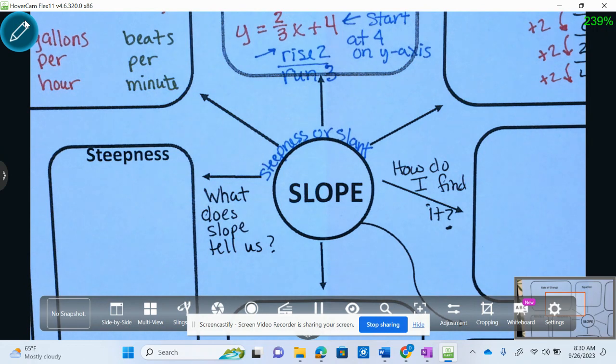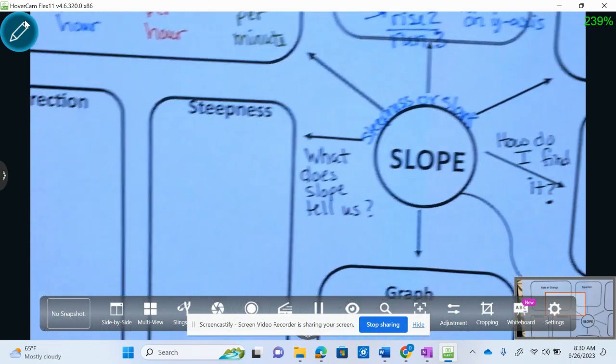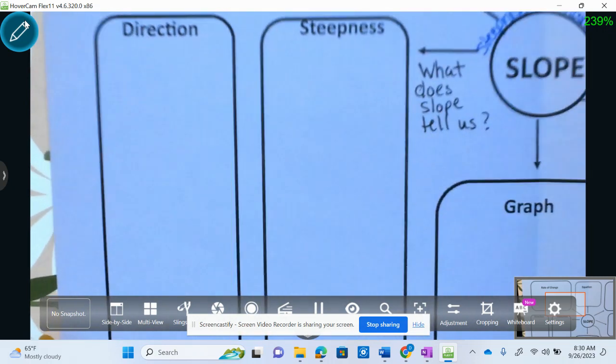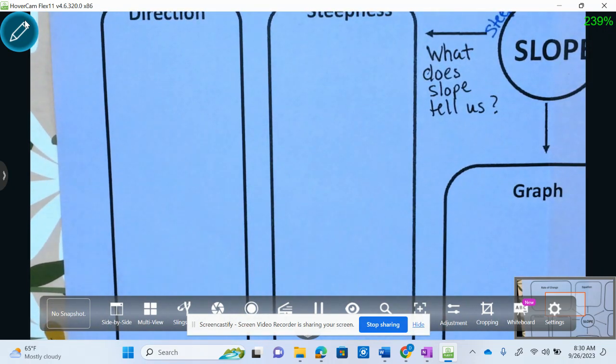I'm going to give you a second, and I'm going to slide over to the box that says direction and steepness. Does anyone remember the 4 directions of our slope? What are they, Ken? Negative. What else? Yep.